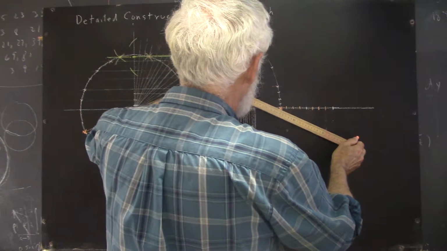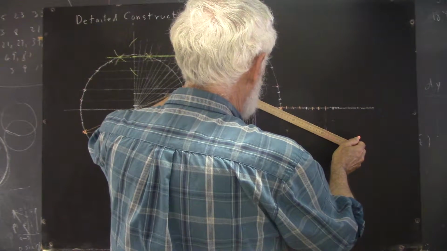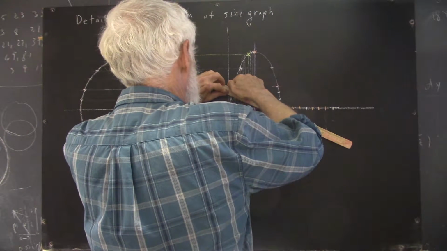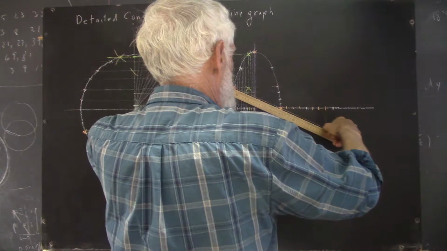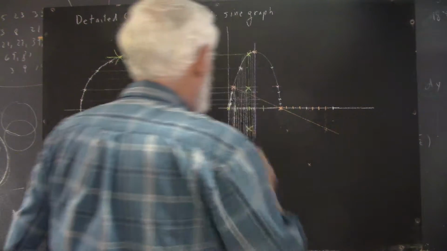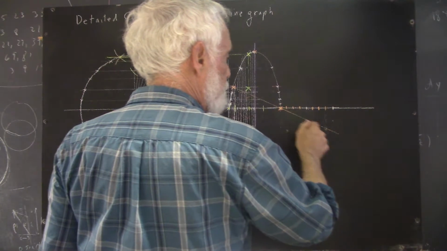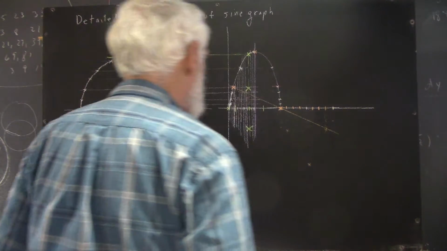And I do that as follows. I sketch a line segment. Okay, if I'm trying to reflect this point, I sketch a line segment through here down to here.